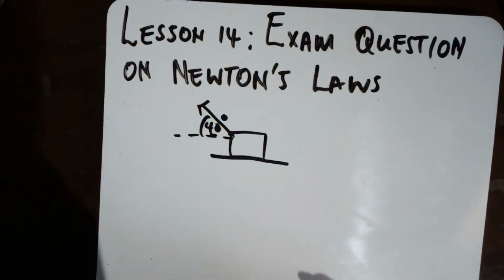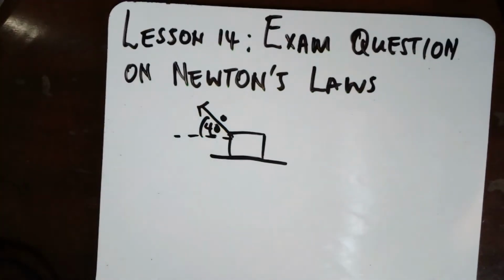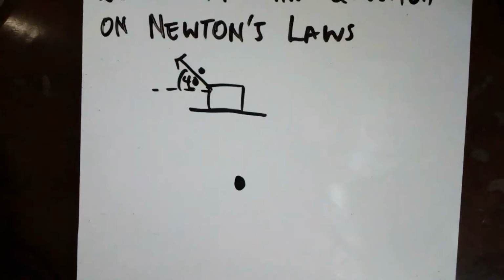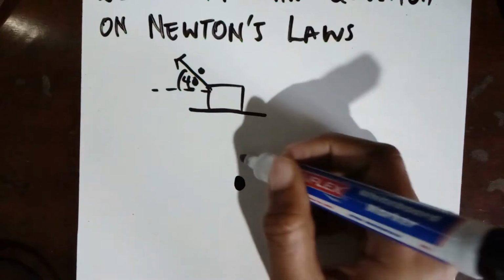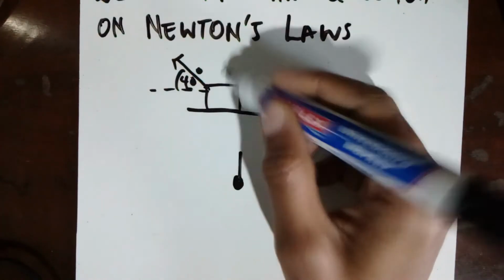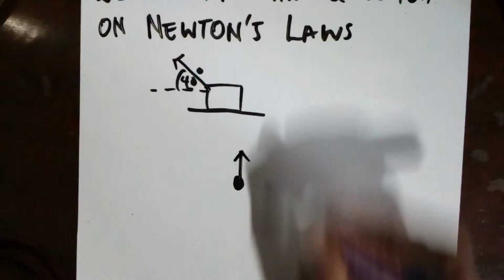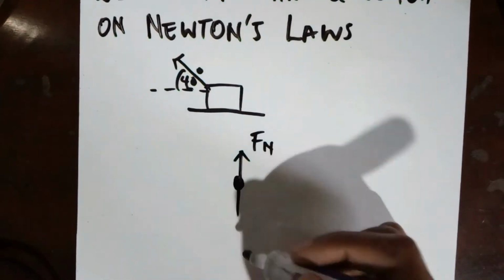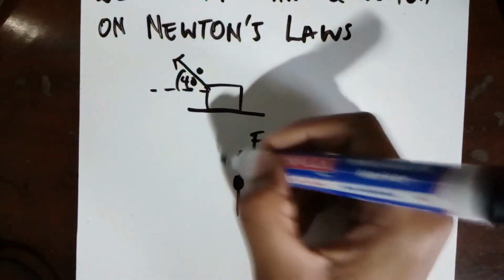And we know that there's friction, so let's draw a free body diagram of this. The marks for that are 5 marks. So we definitely know that the surface will exert a normal force on the object, Fn, and then we know that there will definitely also be gravity.